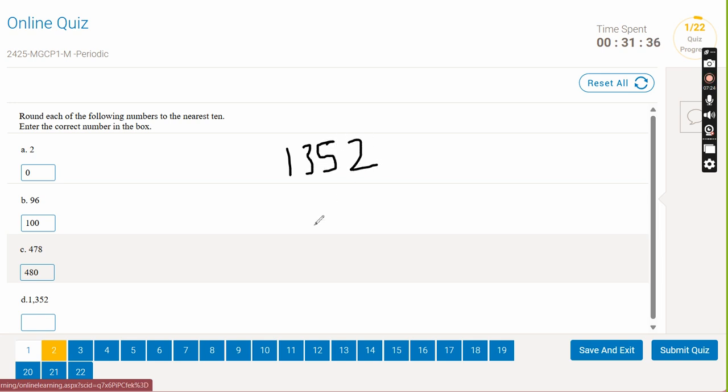1352. Okay, so here, this is our units, tens, hundreds, and thousands, right? So where is our tens value? 5. Look at the number beside it. Now here, it's 4 or less than 4, right? So we won't add the plus 1 and this will become 0, because we're rounding to the nearest tens.